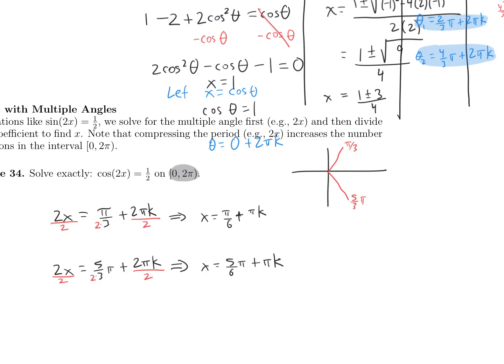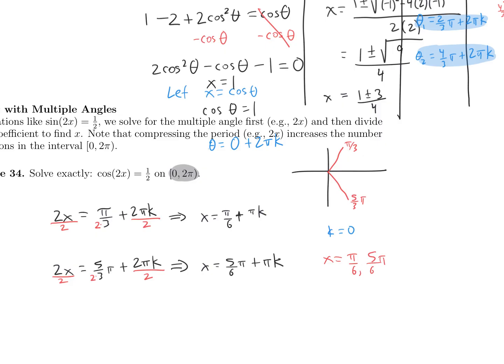That's the starting point. If you plug in 0 for k here and here, this term will just disappear, and this term will disappear. So you'll just be left with pi over 6 and 5/6 pi. So far, our angles are pi over 6 and 5/6 pi.